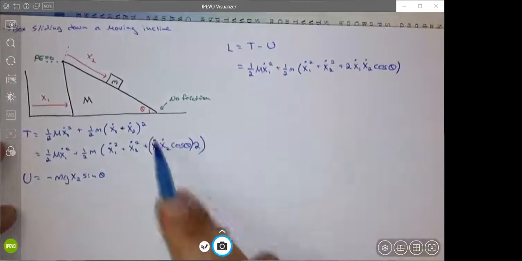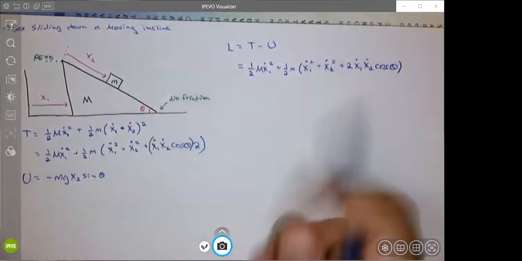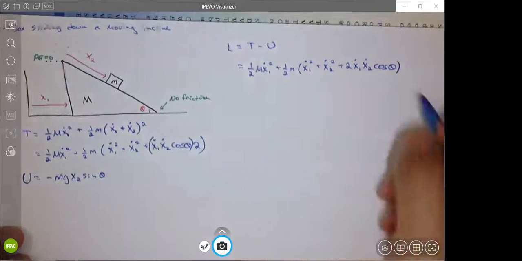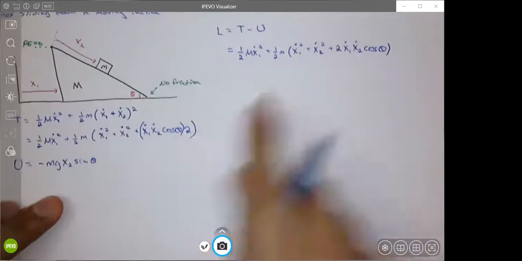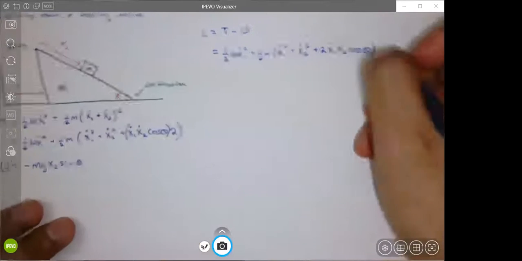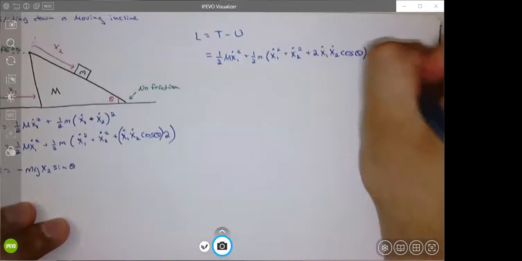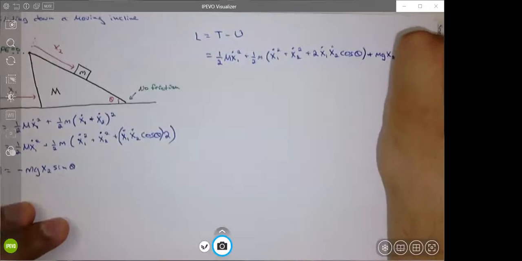And here theta is a constant. This incline's not going to change its angle. So let's just remember that much as well. Okay, and I'm forgetting this part right here. So it'll be the minus this value right here. So it'll be plus little m g x2 sine of theta.